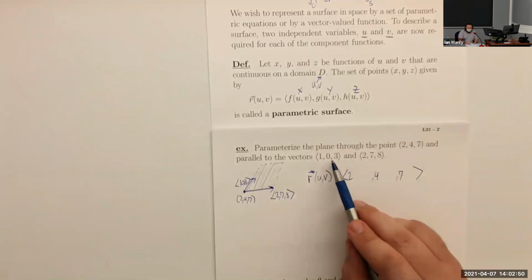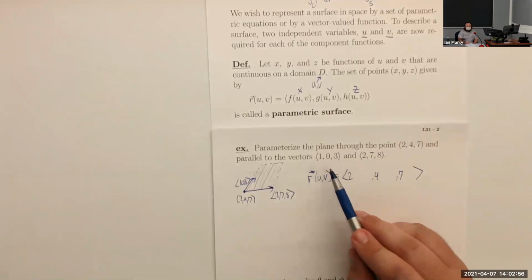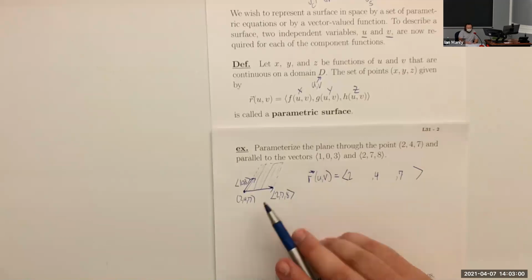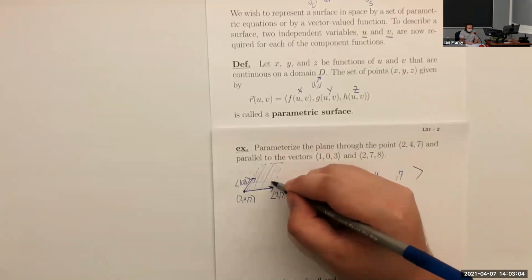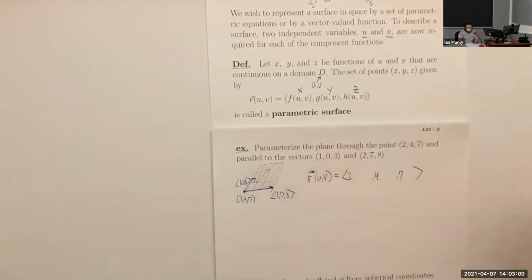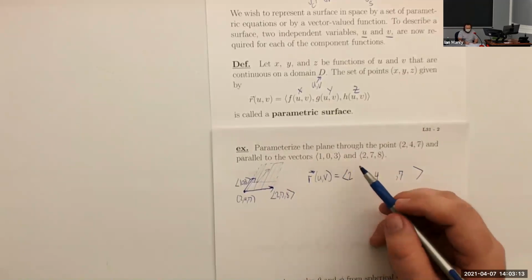And then we had the direction in which the line was going as a vector times, I guess, t, usually in that case. But in this situation, we have two different directions we can go. We could go across this way, or we could go up diagonally this way by following this vector. So it's almost like we have just two different direction vectors for our plane here.